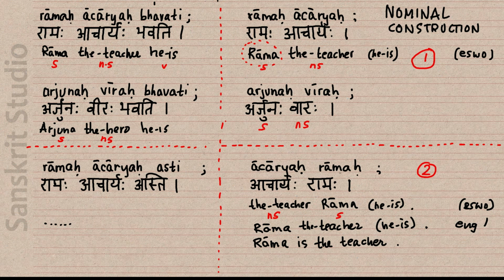In Sanskrit, it's kind of an aesthetic factor that this sounds better because it is different from the normal word order, which is on the left hand side. So Ramaha Acharya Bhavati is the normal word order with a verb.